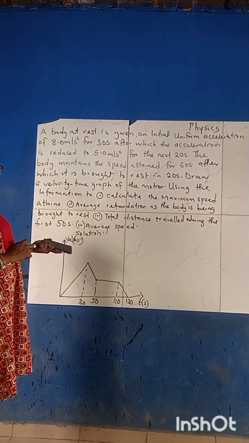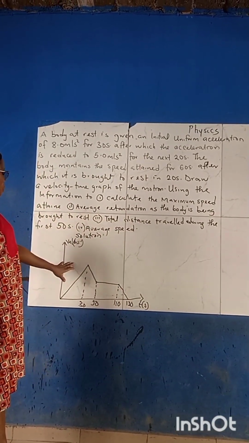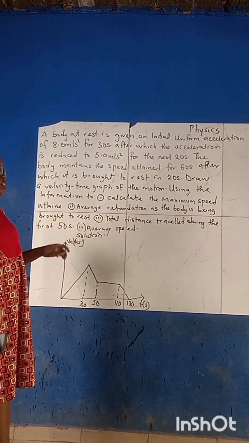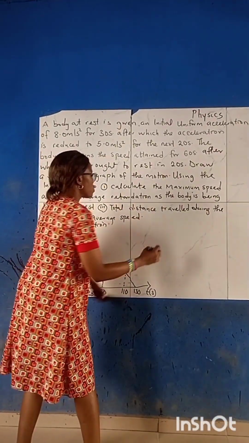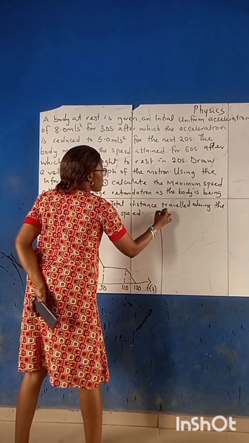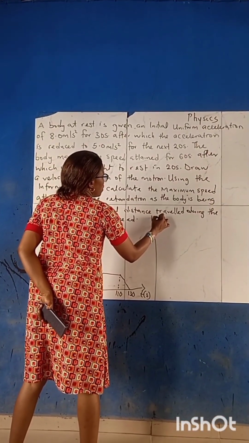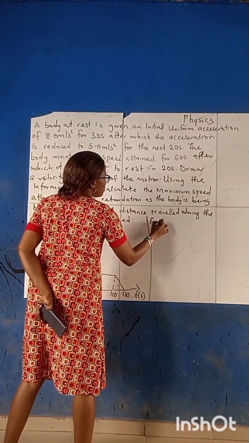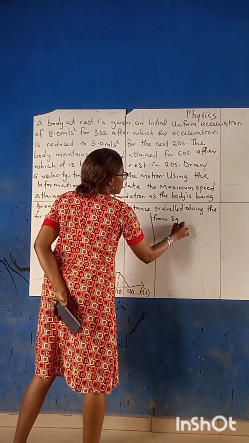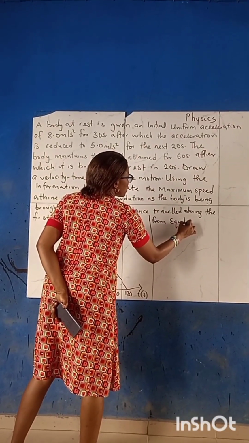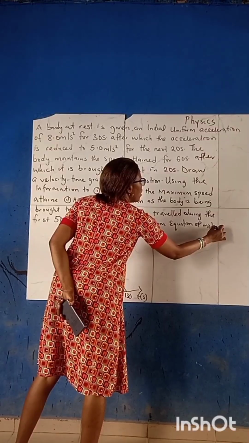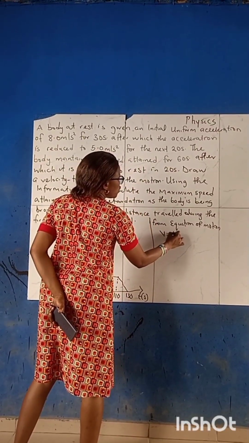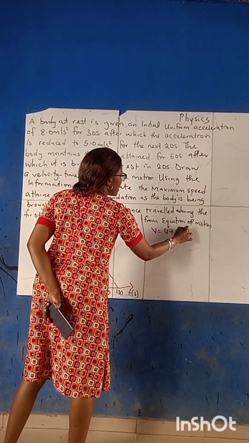So this is my velocity time graph. Mind you, we are not given the velocity, we are given acceleration. How do I get my velocity? I'm going to use the first equation of motion: V equals U plus AT.